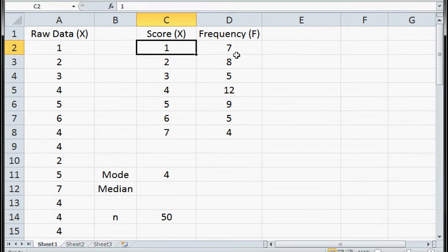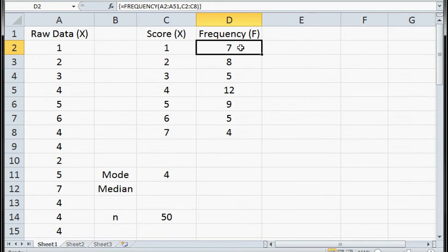To derive median from the frequency table, first we would take our value of n, which is 50, and divide it by 2. The reason we divide it by 2 is because the median is the value that falls in the center. Therefore, if we take 50 and divide it by 2, which gives us 25, we then count down from 25 using the intervals of each frequency until we get to 0.